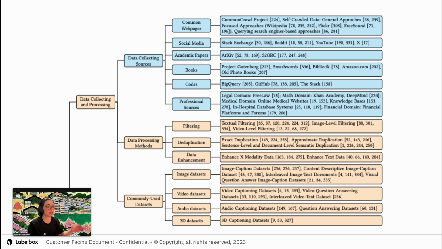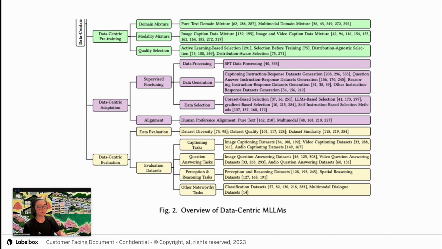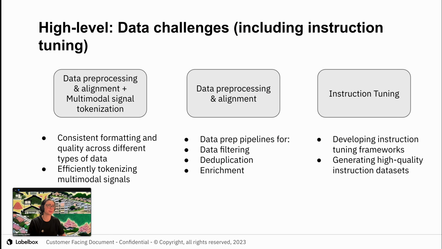How are you leveraging existing data sets that are out there? What's the composition quality? How do you incorporate that to do supervised fine tuning, to make it more responsive to what you want it to do? And how do you evaluate the data as well?